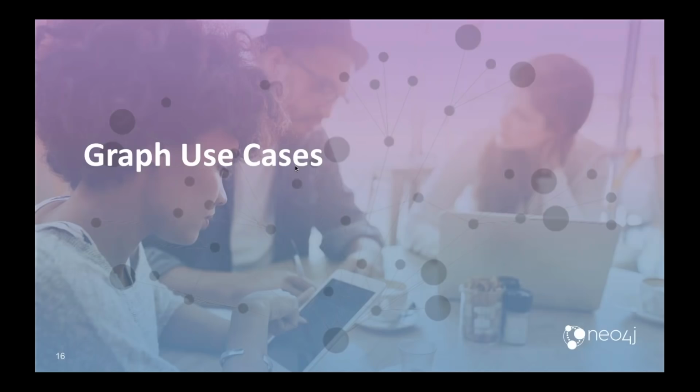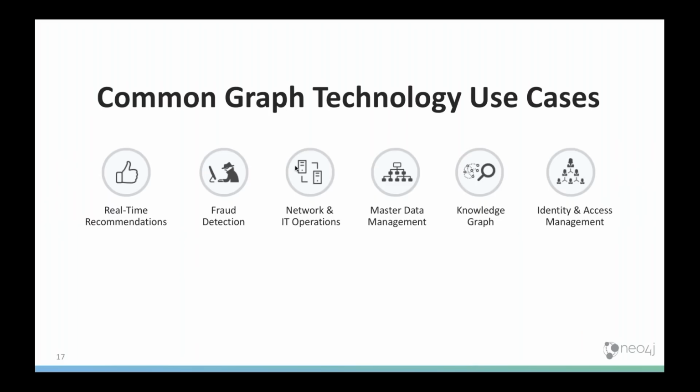Okay, so let's talk about how people are using Neo4j. The main use cases. So this is more of a heat map. There's a lot of cross-pollination between these use groups, and there are a number that aren't on here. Real-time recommendations we've talked about. If you're operating a big retail website, for example, the value of getting the right recommendations onto a web page that's in front of somebody's eyeballs cannot be underestimated.